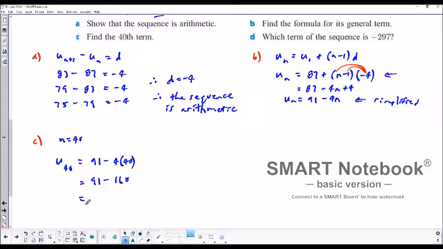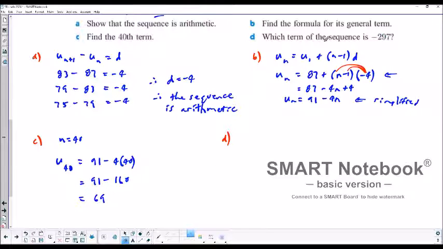And 91 minus 160 would be negative 69, I believe. Please confirm that for me. I'm trying to do some mental math here, and sometimes my brain isn't the best place to do math. Just kidding. So yeah, that would be negative 69. The 40th term is negative 69.